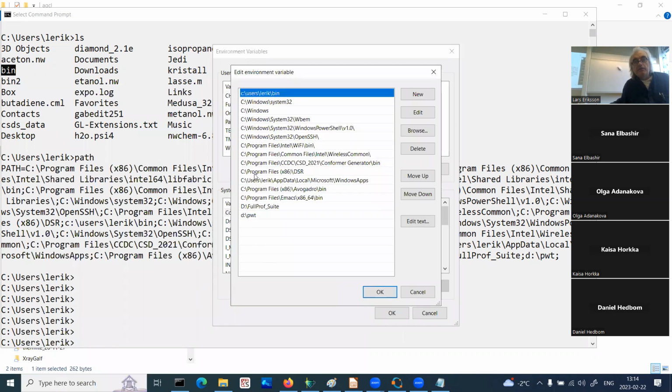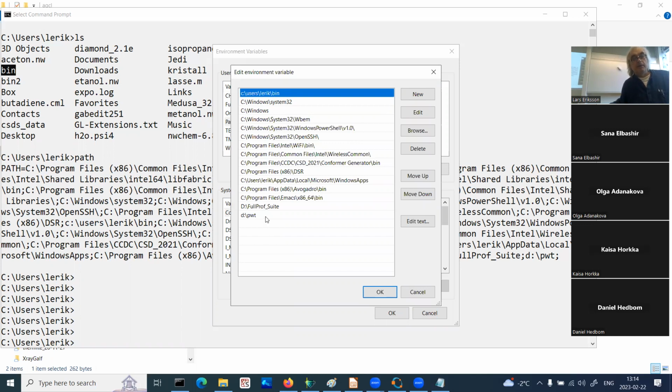Then there is all of this that is printed here on the screen behind. I think I did put in user Lyric bin at the top here because I want programs to be present there to be found first.